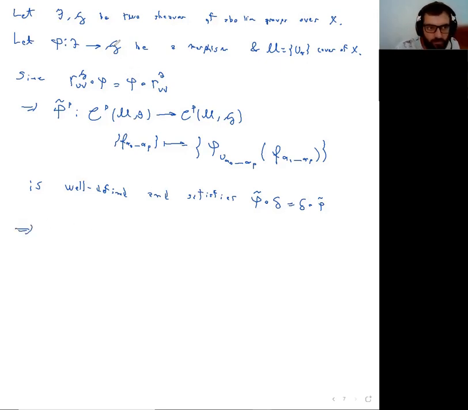So every time we have a morphism of sheaves, it induces a morphism of cohomological complexes.